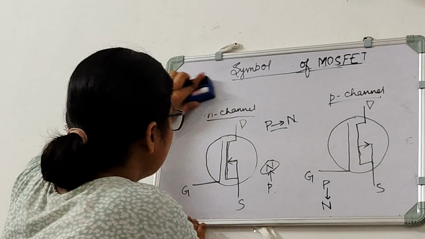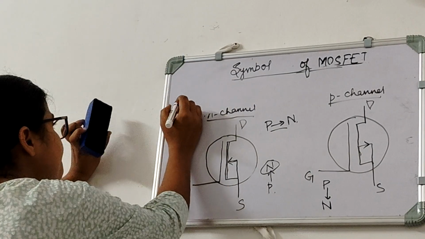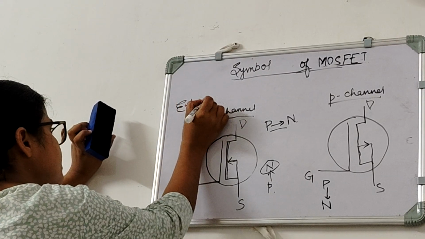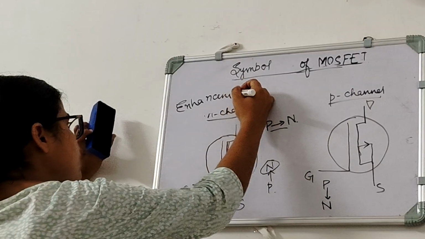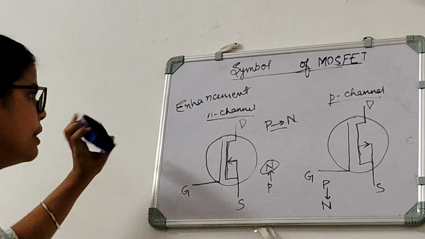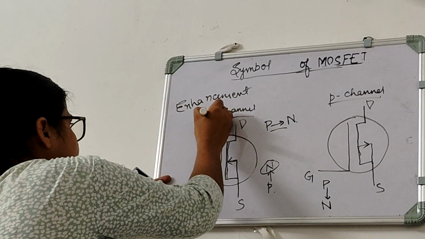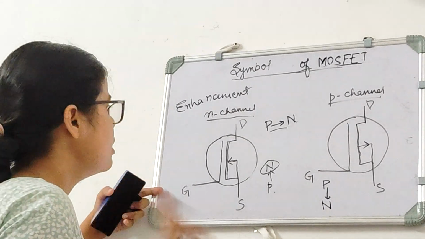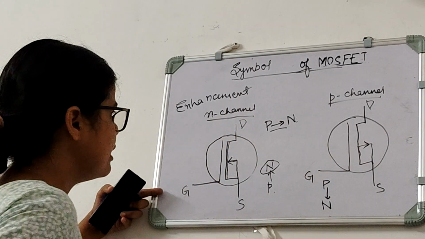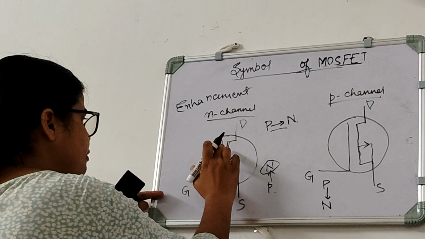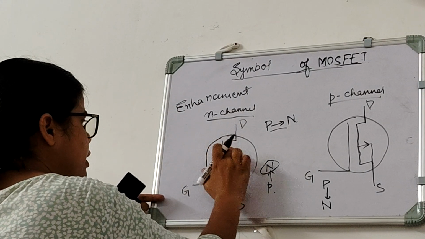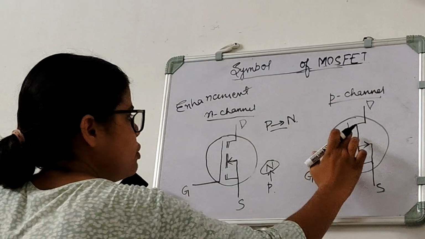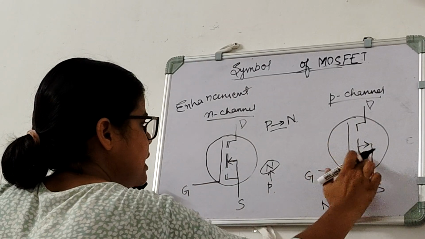Now moving towards the enhancement type MOSFET. In enhancement type also we have two further classifications, that is N channel and P channel. There is only one difference. Here it won't be a solid line, it will be a dashed line. Here also it won't be a solid line, it will be a dashed line.